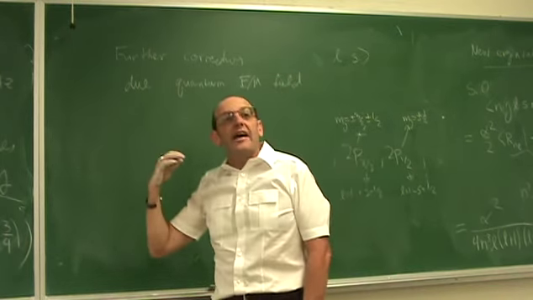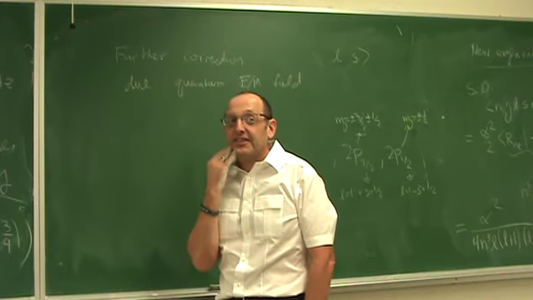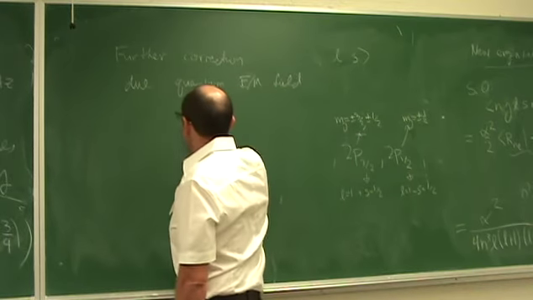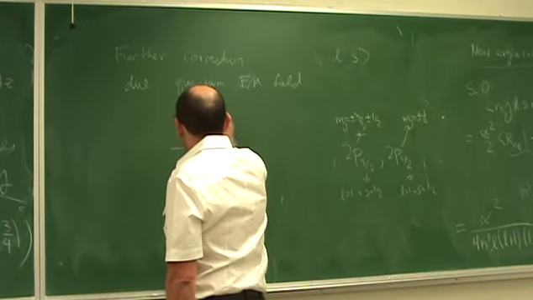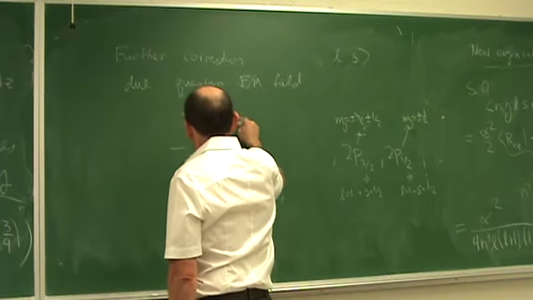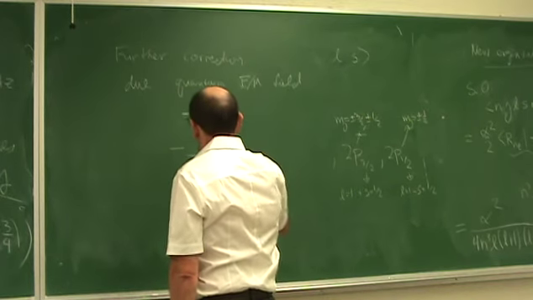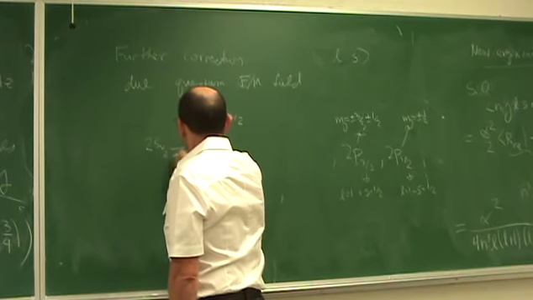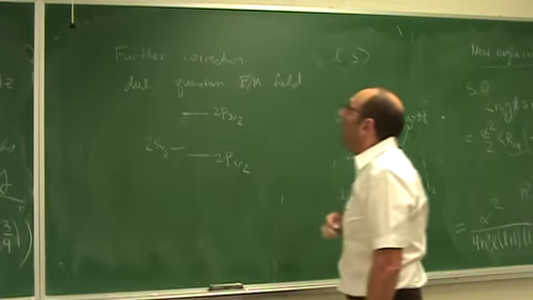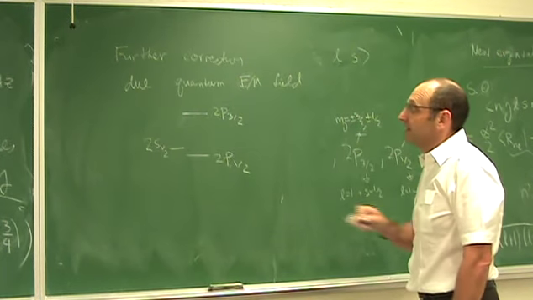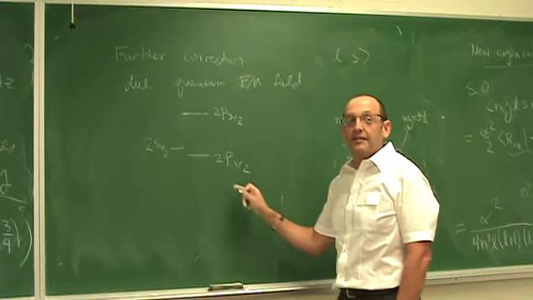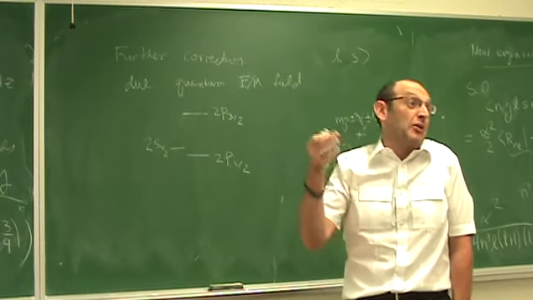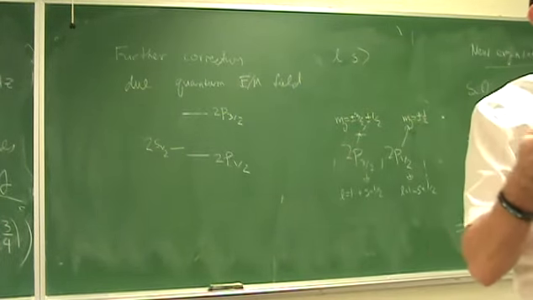If I include the effect of vacuum fluctuations, then I break some of this degeneracy. And what one finds is that the n equals 2 spectrum looks something like this. The 2s and 2p states are no longer degenerate. They depend on the total angular momentum, including the photon angular momentum.